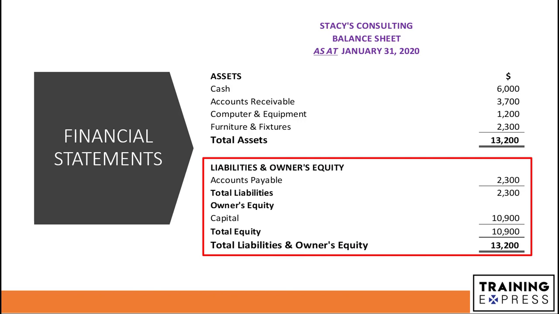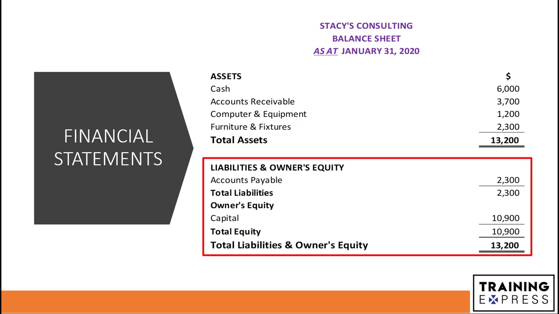We have accounts payable of $2,300. So total liabilities are $2,300. When it comes to owner's equity, we have got ending capital in our statement of owner's equity, which will be moved over here in the equity section, $10,900.